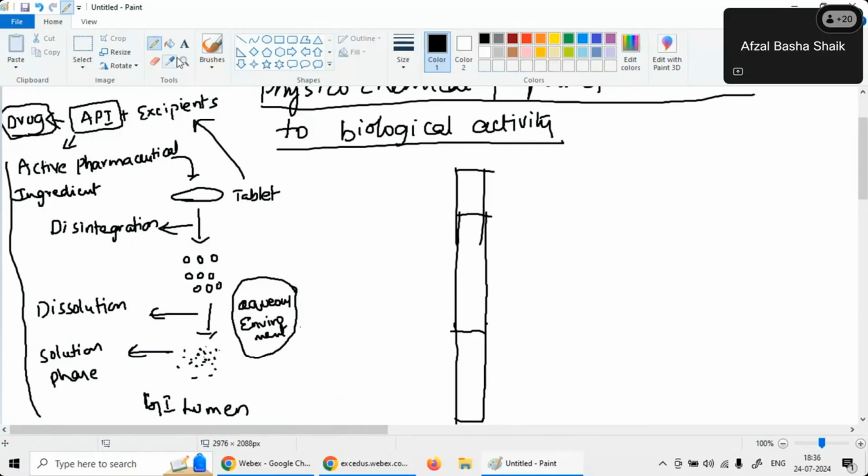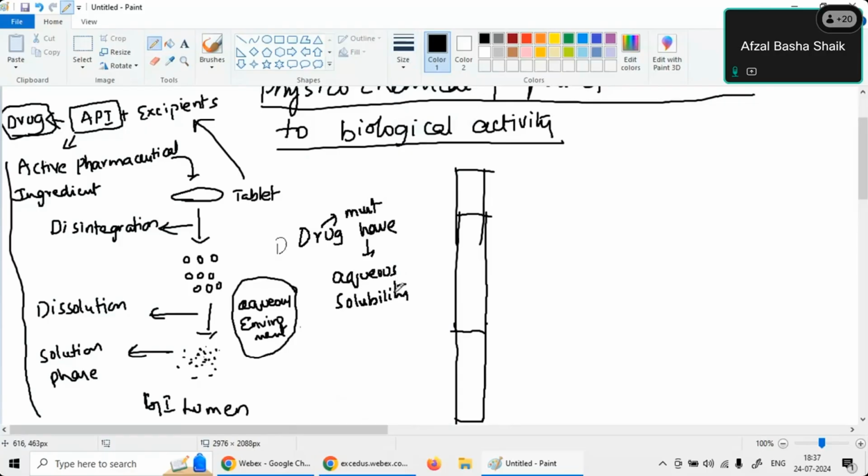So as the environment is aqueous in nature, the drug must have aqueous solubility, right? Do you agree?